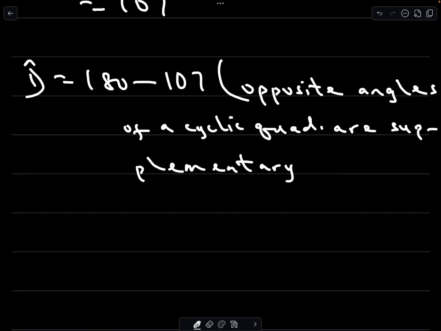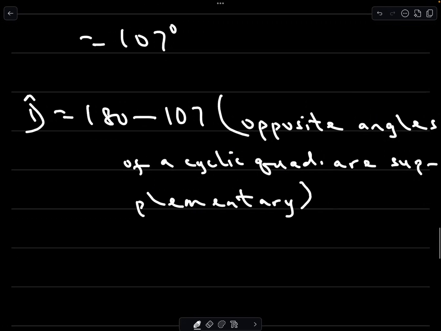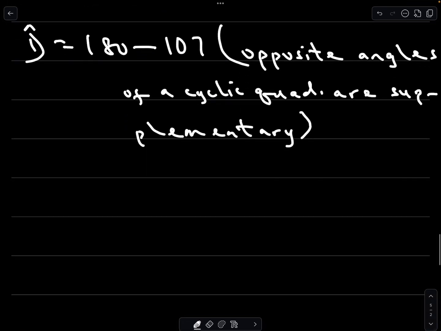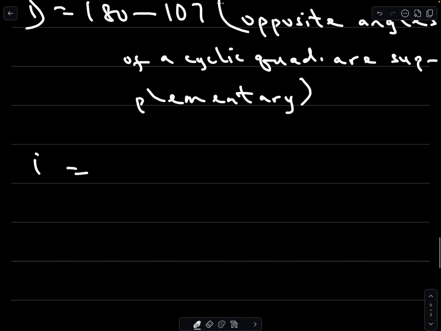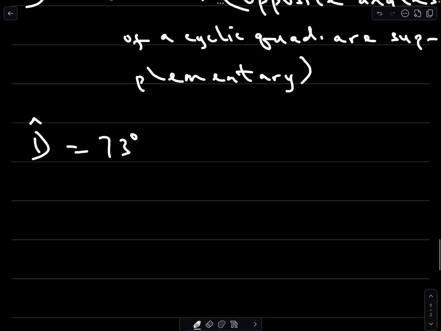So that means angle B plus angle D is 180 degrees, and that means angle D will be 180 minus angle B, which is 180 minus 107, and that means angle D is equal to 73 degrees.